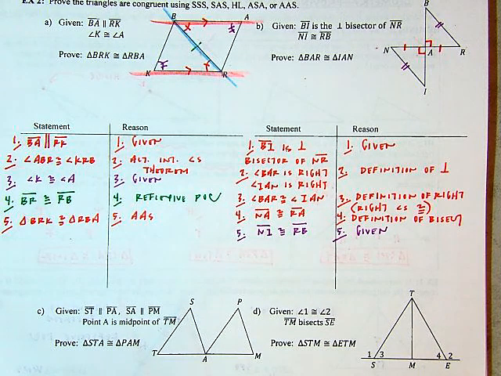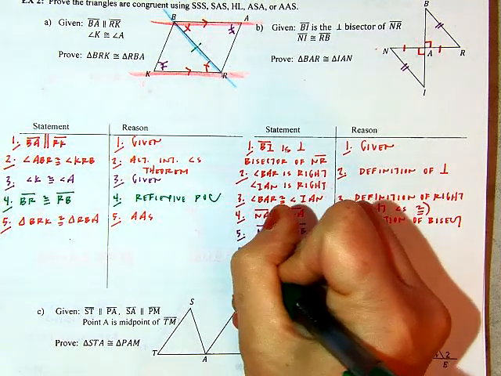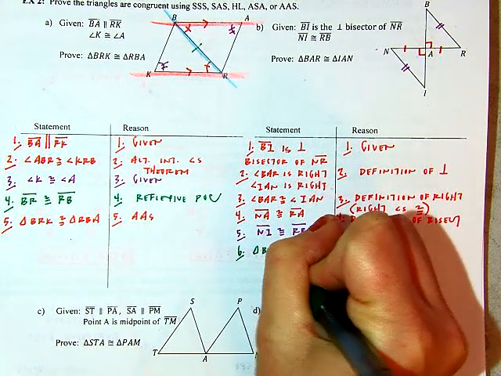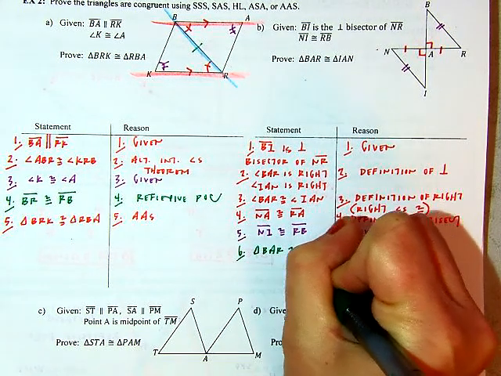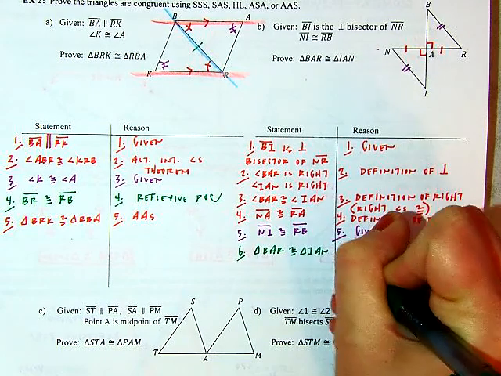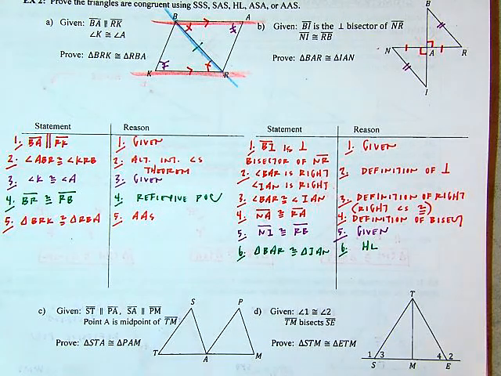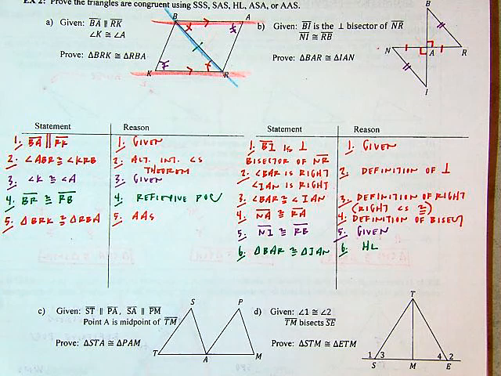They are right triangles. I do have two congruent legs and two congruent hypotenuses. So I can reach my conclusion right now. I can say that triangle BAR is congruent to IAN because of HL. Hypotenuse leg.